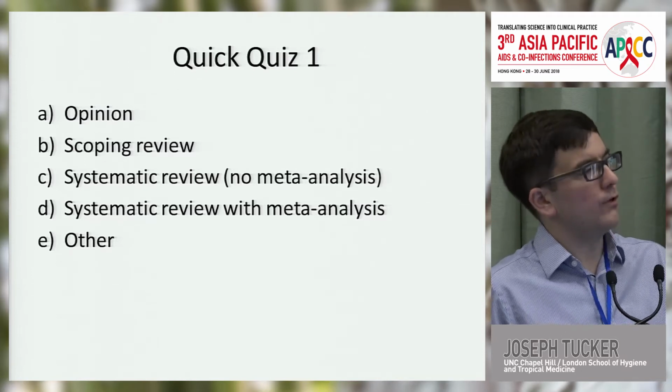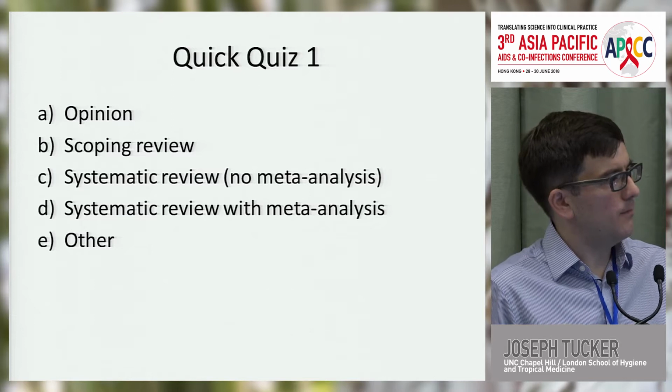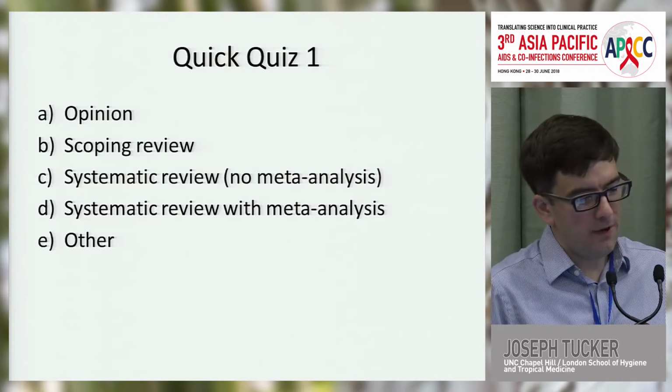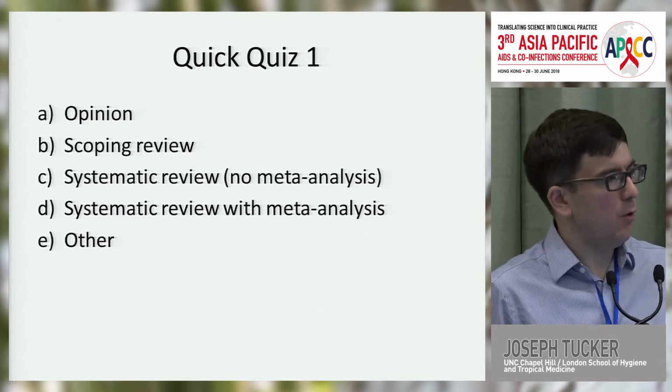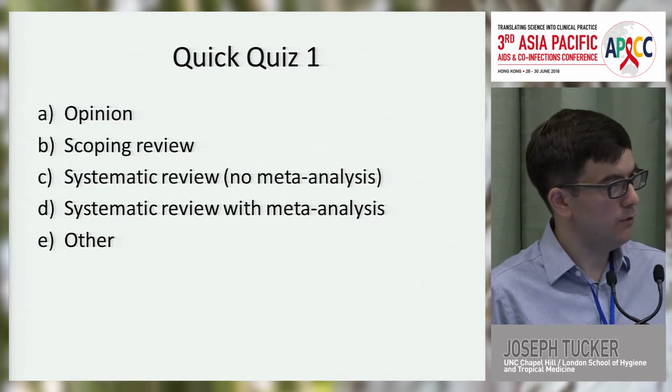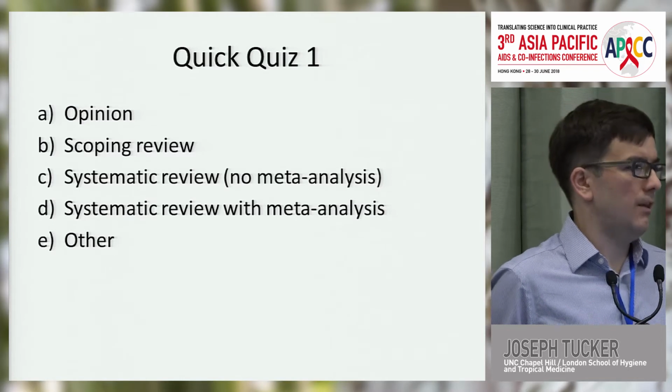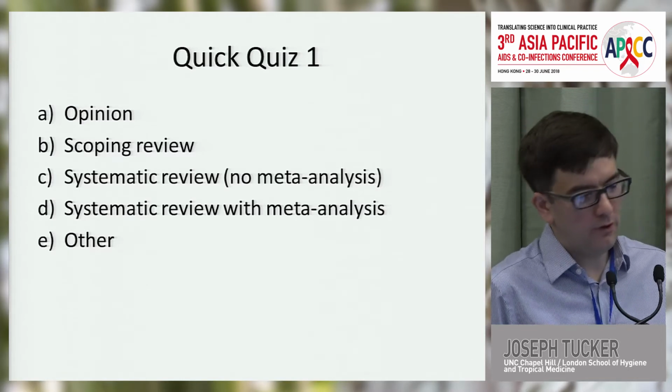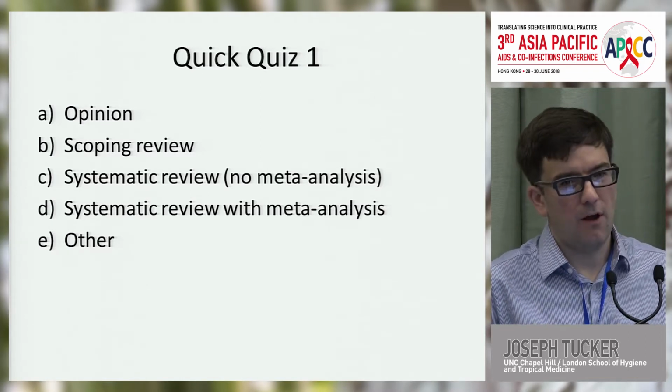You don't want to oversell your piece. So if there's uncertainty, I would say focus on creating a scoping review that's really good rather than disappointing people with a systematic review that's just okay.